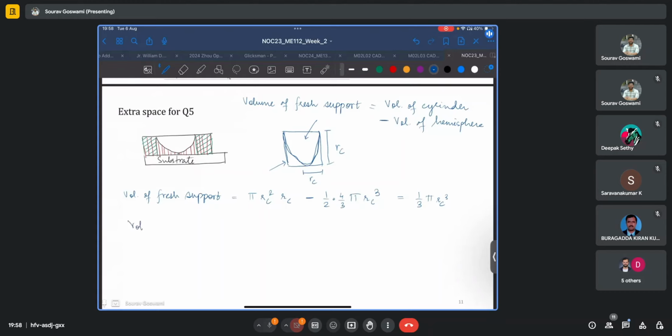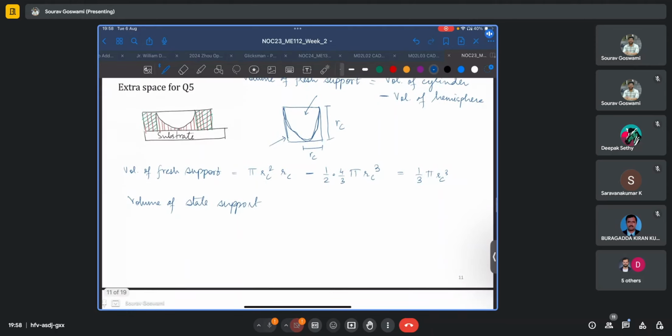Now we have to find the volume of the stale support. For the region of stale support, we can approximate it by these two cylinders, or a hollow cylinder, and the dimensions are given to us.